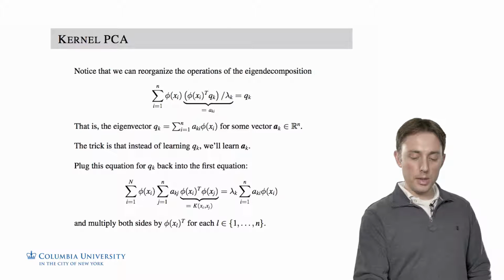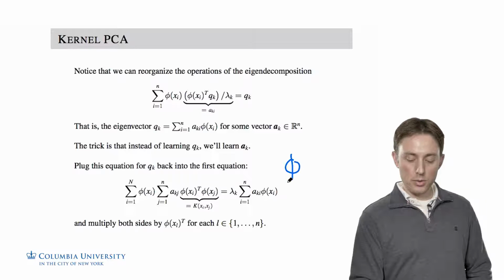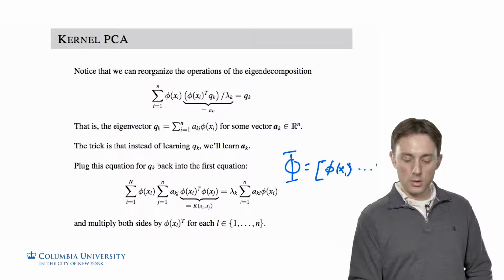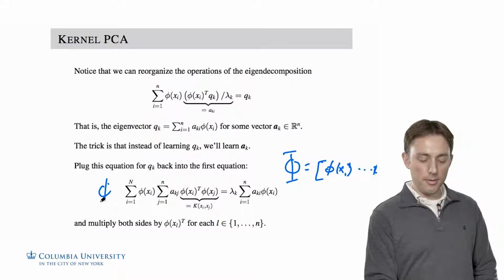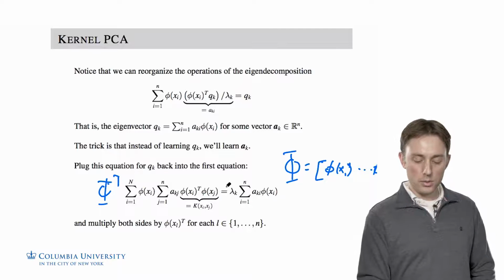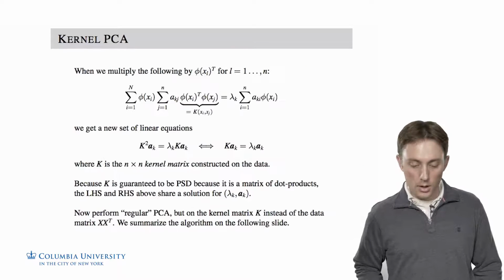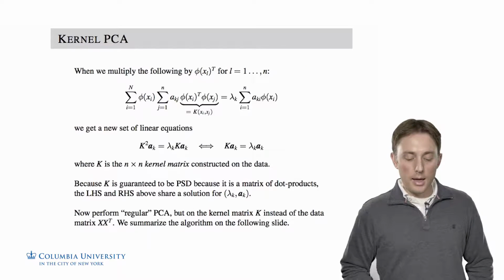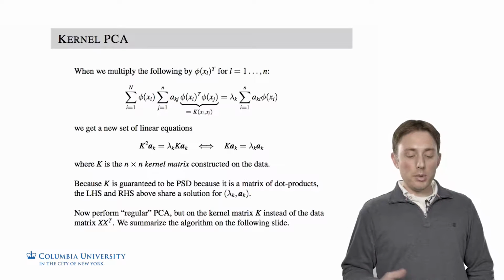So in a sense, what we can say is we're making a big matrix phi, which is equal to the matrix of phi of x1 to phi of xn. And now we multiply phi transpose against both sides, like this. And now we're going to see that that's going to simplify our problem.